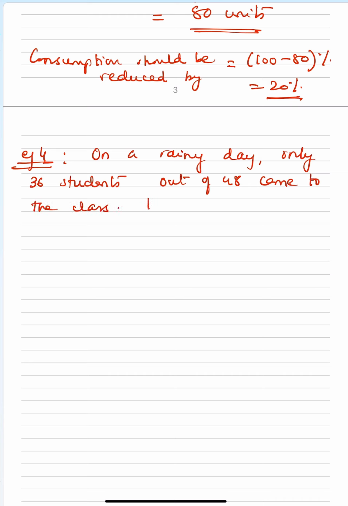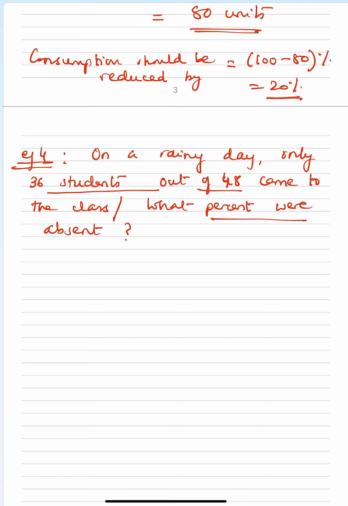Okay, so what percent were absent? Again, I would like to break the problem: 36 students out of 48 came to the class. So what percent were absent? So this is the first part and this is the second part.